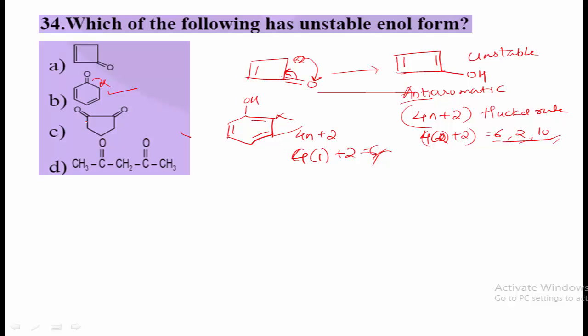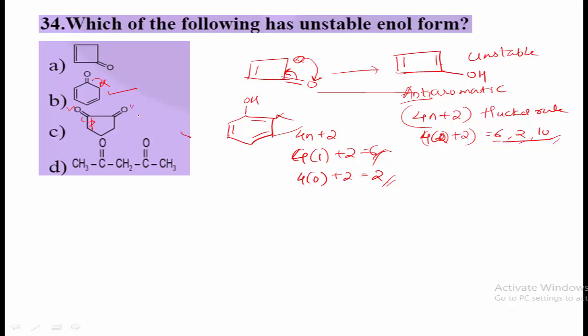In the similar manner, here also the electrons get shifted, and hence it will form OH. Whether you take this one side or this one side, what would be the number of pi electrons? 2, and hence 4 into 0 plus 2 gives 2.